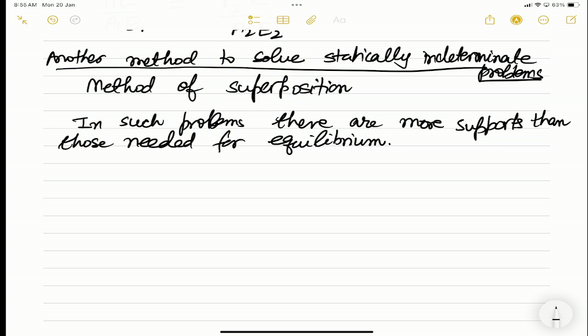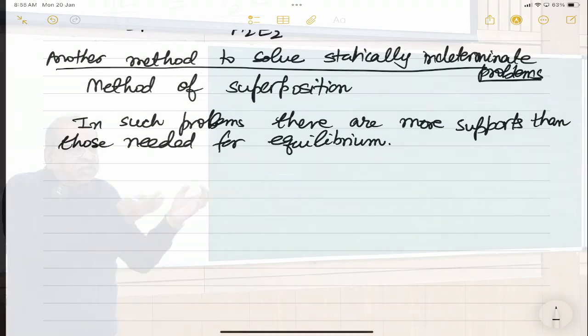If the supports are just enough, then it will be statically determinate. But you put extra supports.